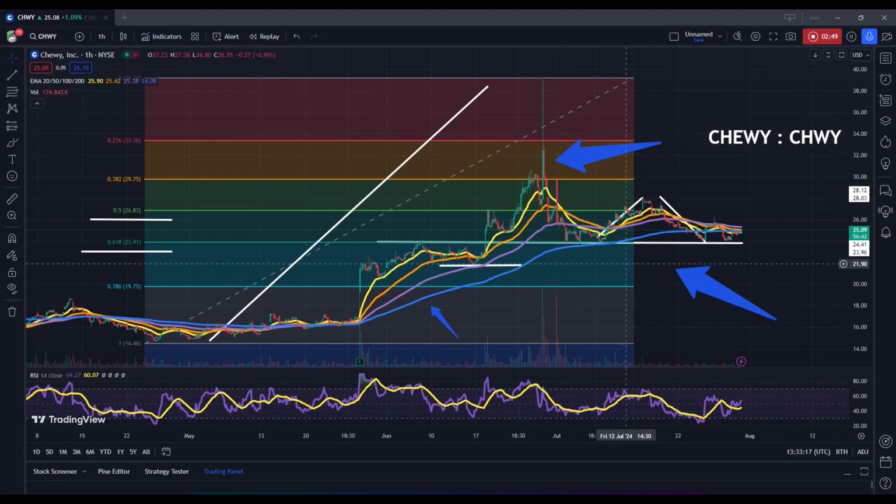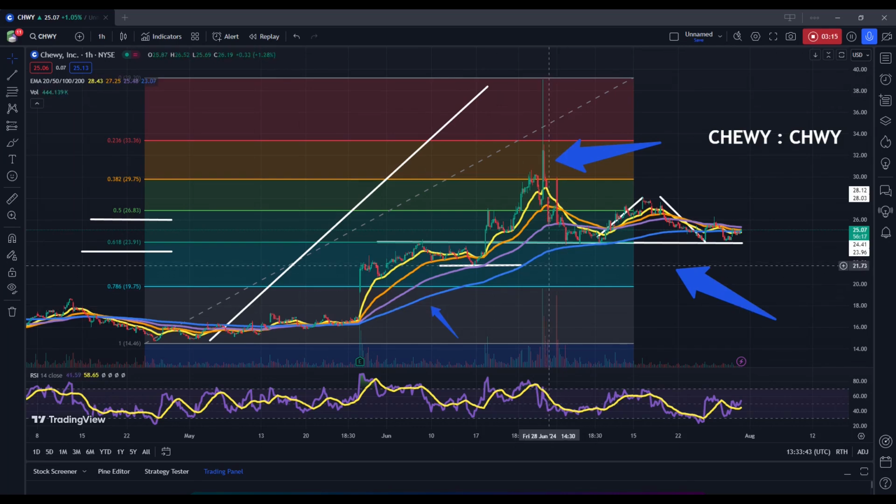There would be no exponential moving average support to be found lower because we have already broken through those exponential moving averages. Sorry, the next historical support zone is 21.80, I was looking at the price high for this region.